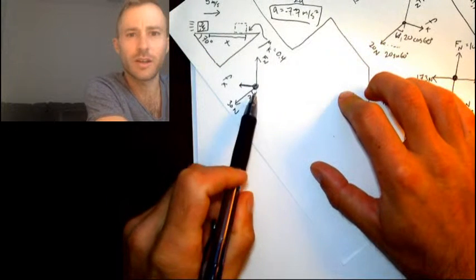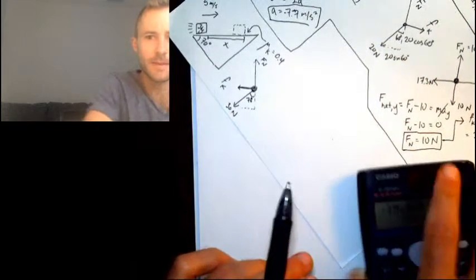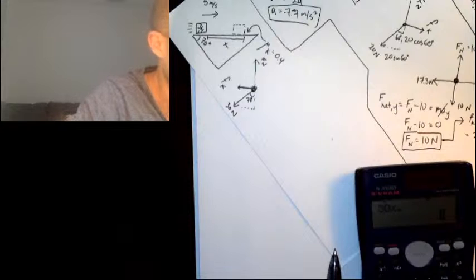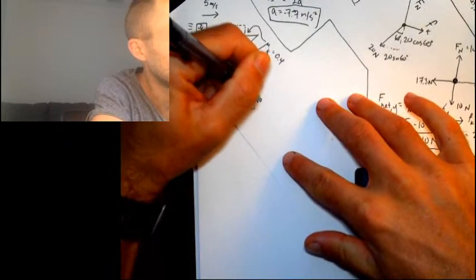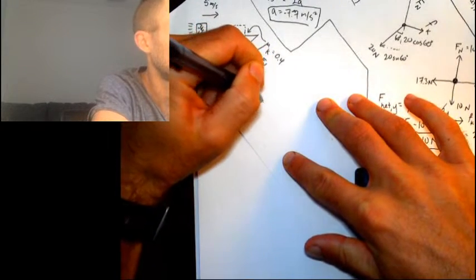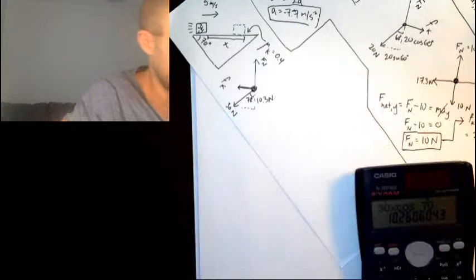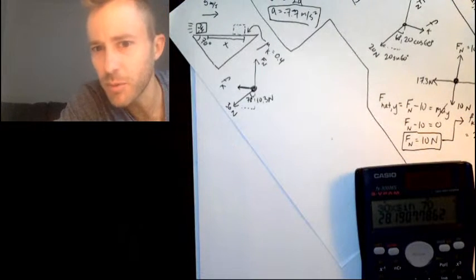So I can get the components of the weight force. I will do that really quickly. 30 times cosine of 70 is 10.3 newtons. 30 times sine of 70 is 28.2 newtons.